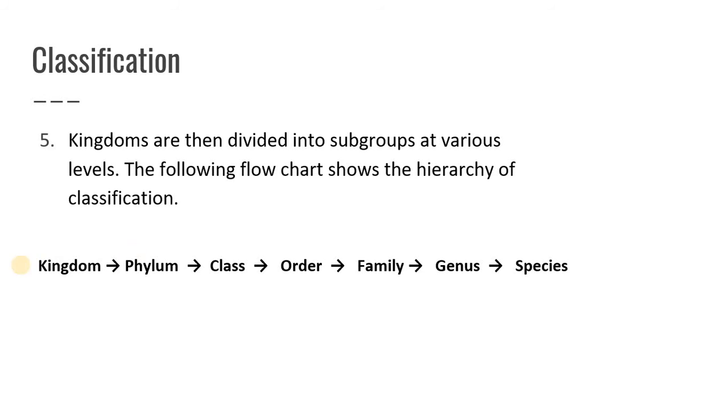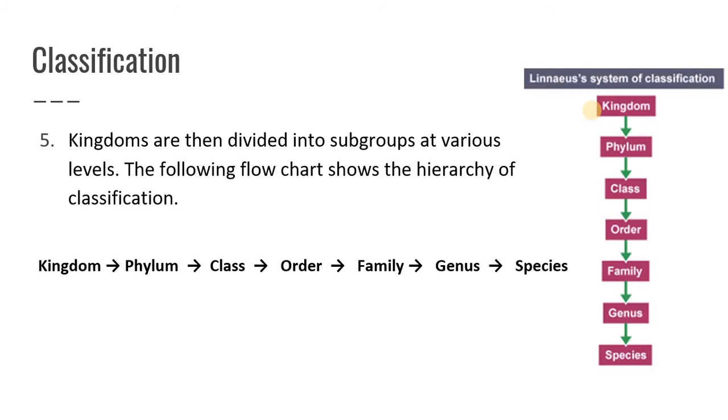It first started off with a kingdom, and then it's divided into subgroups at various levels: phylum, class, order, family, genus, species. You're not going to learn this in year 7 yet, but in biology class, you will learn what phylum, class and order are.